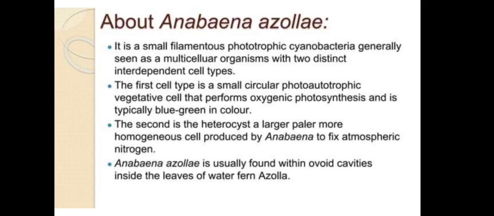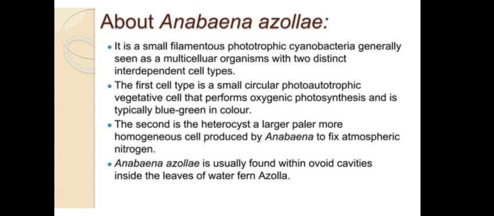About Anabaena azollae. It is a small filamentous phototrophic cyanobacterium, generally seen as a multicellular organism with two distinct interdependent cell types. The first cell type is a smaller circular photoautotrophic vegetative cell that performs oxygenic photosynthesis and is typically blue green in color.